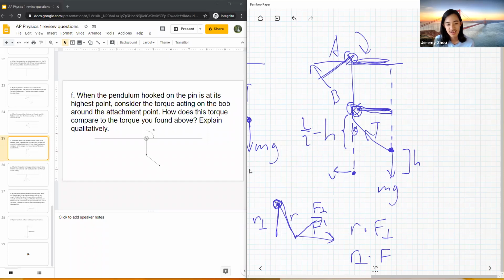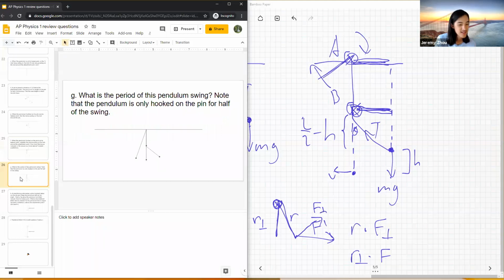Okay. All right, there are just a couple of things left. We're almost there. So finally, what is the period you guys have already determined? What is the period of the swing? But there's a pin there.